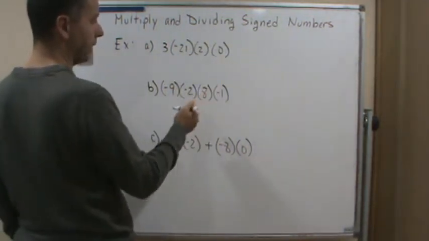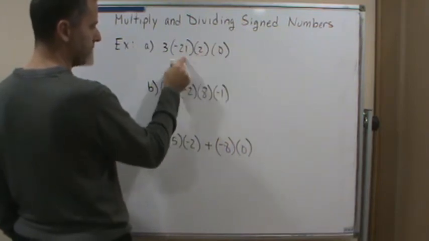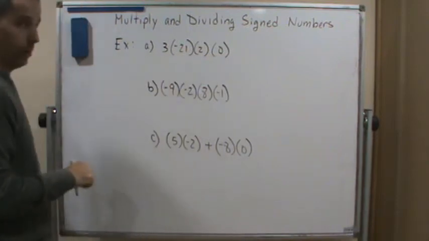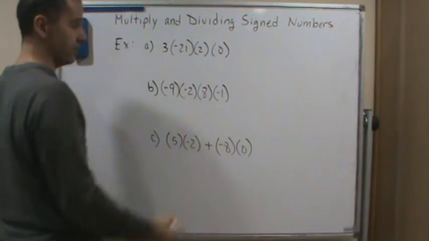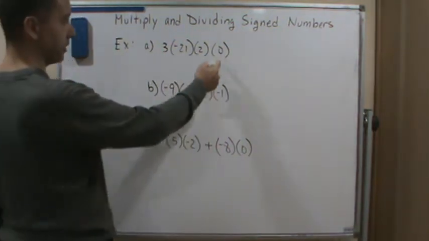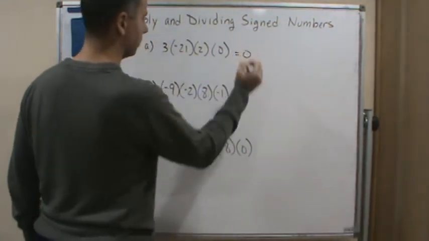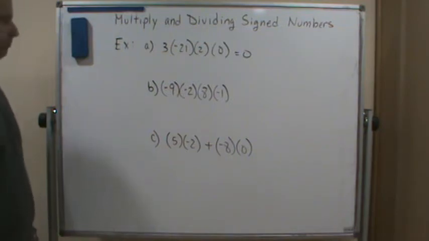So the answer is going to be 0, because 0 times 2 is 0, and then 0 times negative 21 is 0, and then 0 times 3 is 0, right? And it doesn't matter what order I multiply these in, I'm still going to end up having to multiply eventually by 0. And so the answer is 0. So anytime you're multiplying integers together and you see 0 in there, it's 0.